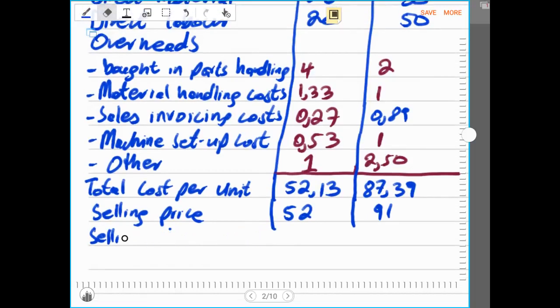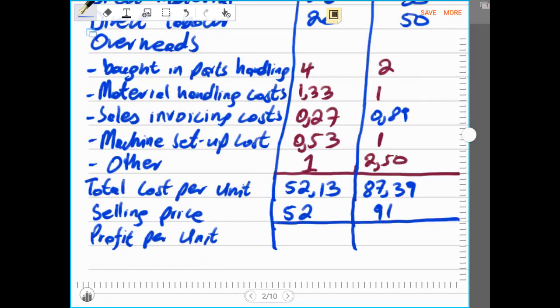Our profit per unit will be the difference between the selling price and the cost price, and the profit will be 13 cents here, and here the profit will be 3 rand 61 cents.